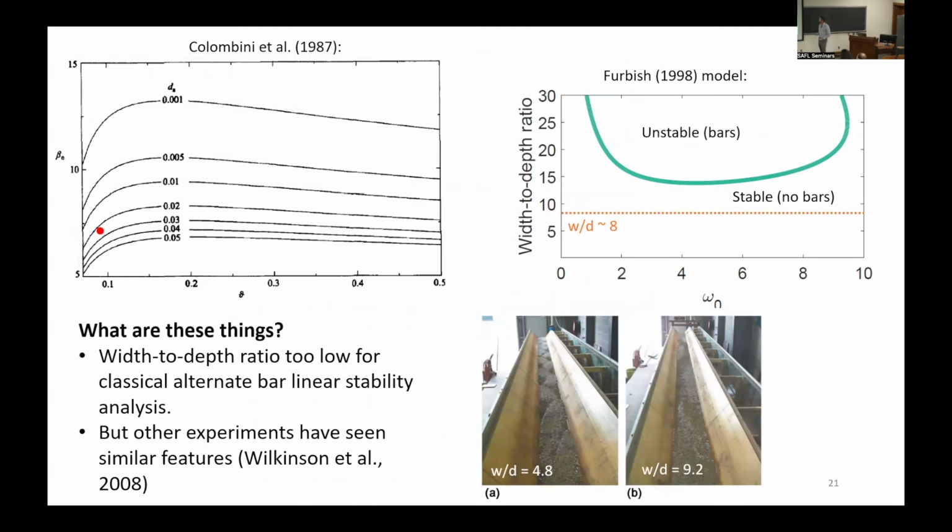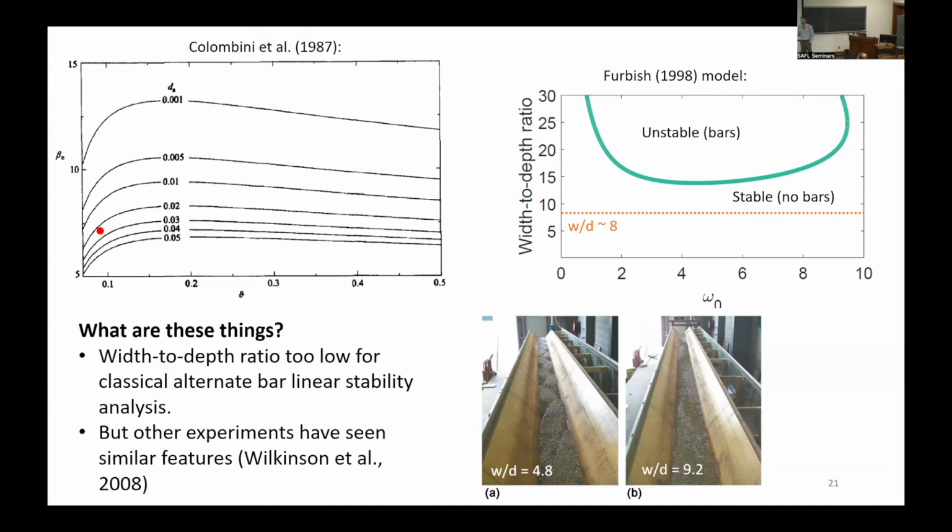But then we were also confused about why these things formed in the first place, because our width-to-depth ratio during these experiments was about 8. If you've ever tried to make alternate bars in the lab, or talked to people who study alternate bars, they'll generally say that you need a much larger width-to-depth ratio than 8. You need something that's pretty shallow and pretty wide.